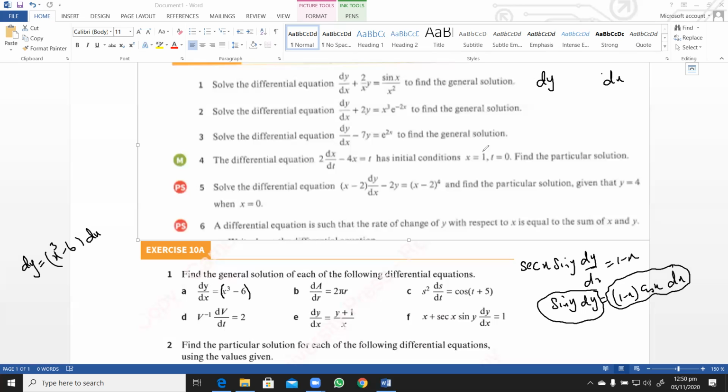So that is a problem here. This is the next level of differential equations, the continuation of your A level differential equations into the A level further maths differential equations. Now let me take you to the book and we'll discuss it from there.